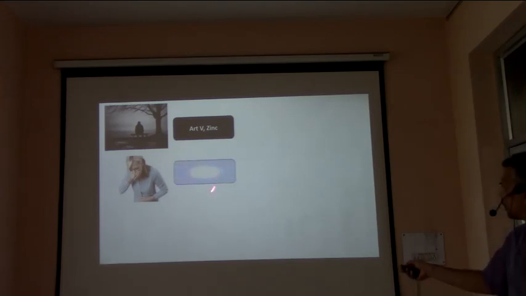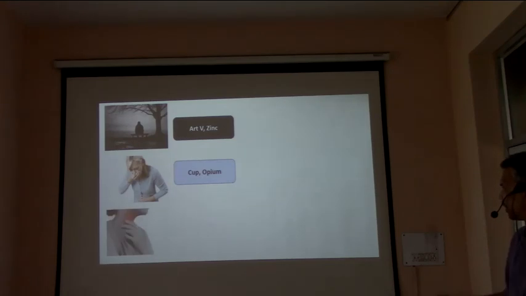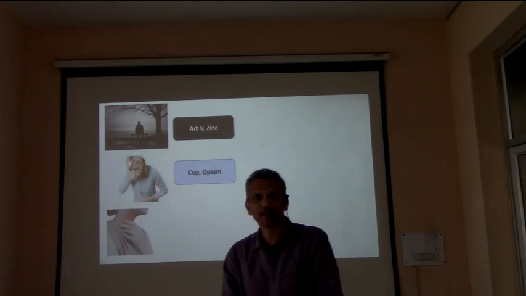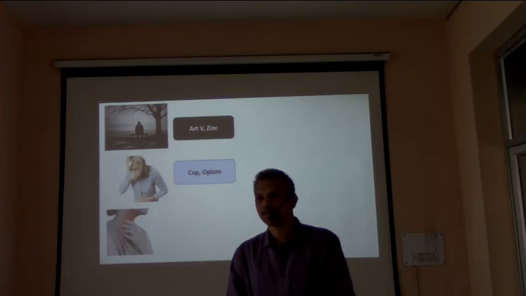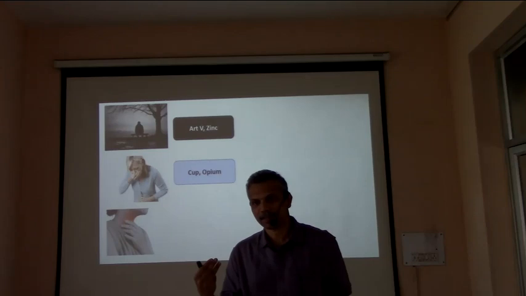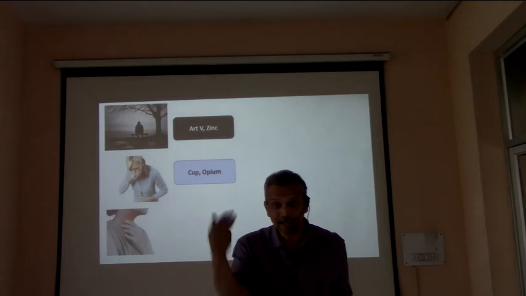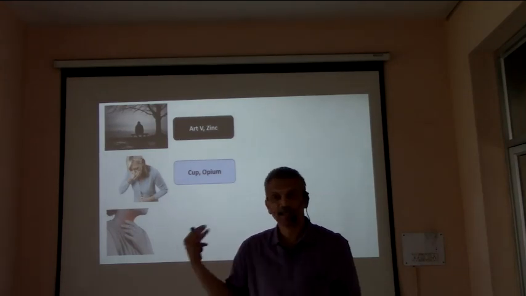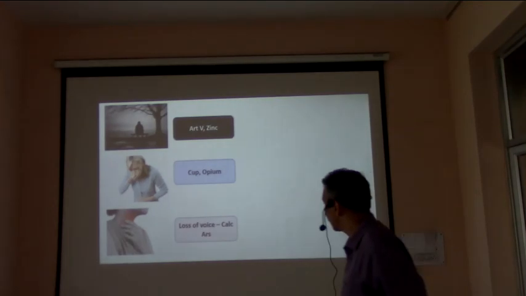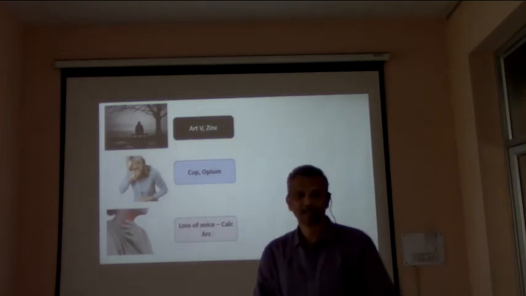Vomiting, you have Cuprum and Opium. And again very interesting that I found in the repertoire was loss of voice. Loss of voice before convulsions. Loss of voice is an indication that I am going to get an attack, and the remedy is Calcarea ars. Okay.